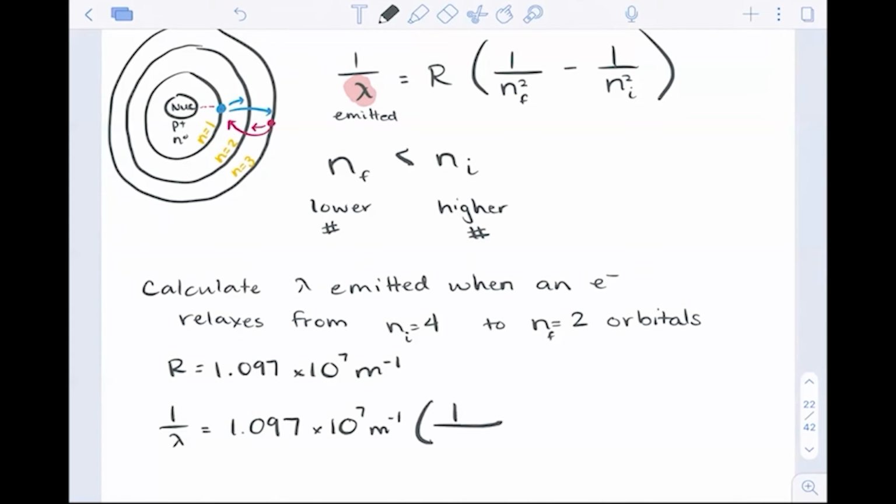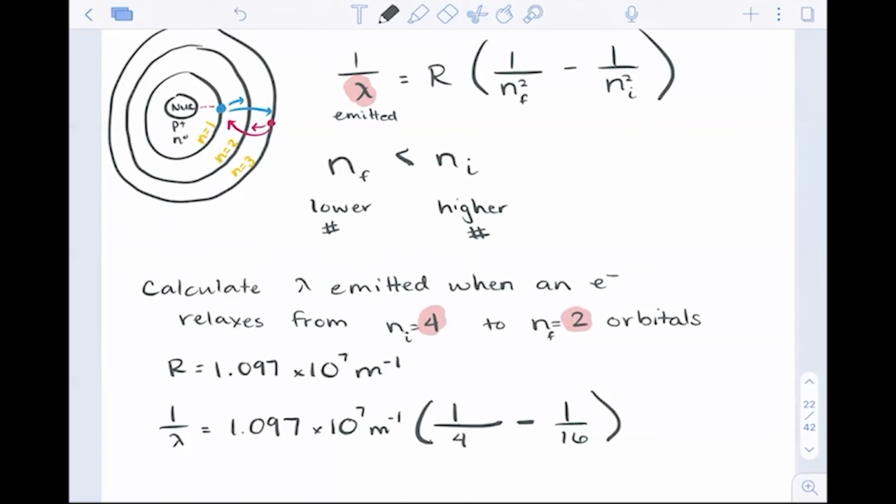Just make sure that you're not forgetting those squared values. 1 over 4 minus 1 over 16. Again, 2 squared is 4, and 4 squared is 16. Because of that subtraction right here, this is really why we need to make sure that our n values are going from high to low.